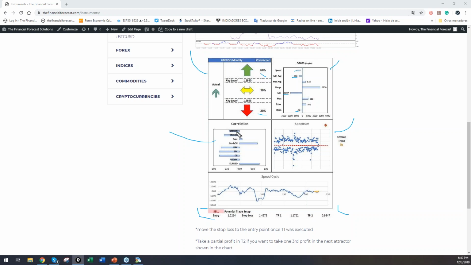If we go to correlation, correlation is different. I will explain later why we have the correlation and what is useful for you in seeing it. When we see the spectrum, and this is something really nice, you can see that practically the spectrum is symmetric. This is how the movement vibes.